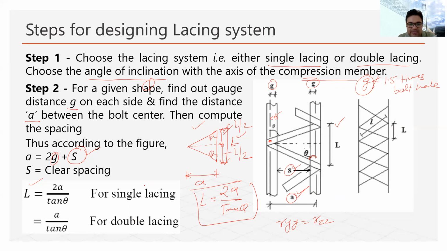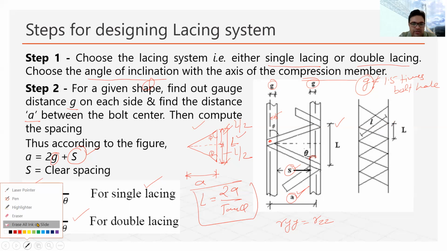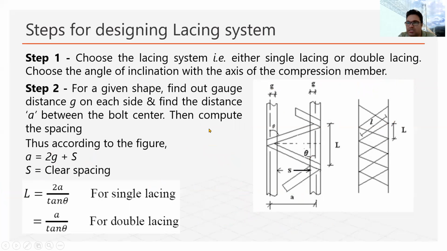So for single lacing, it will be 2a by tan phi, and for the double lacing, it will be a by tan phi. Because in the double lacing, it will be a lesser value, if it will be the half of that value. Okay, so this is how we are going to follow step 2.